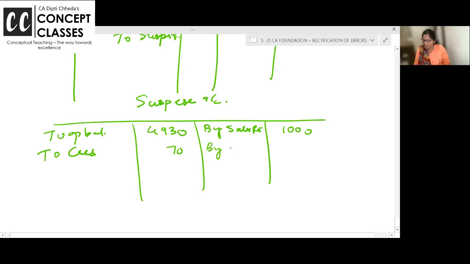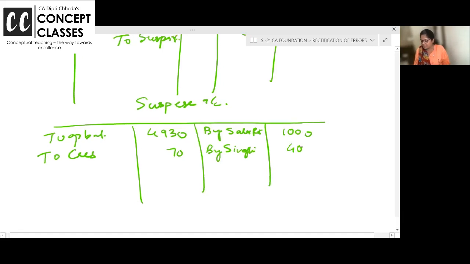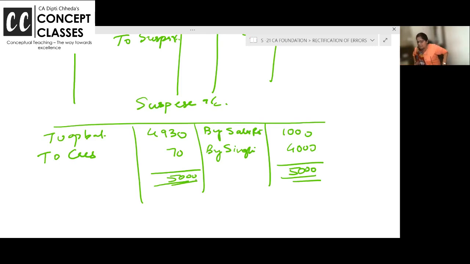Suspense account credit, 4,000, total is 5,000. Nice. When all the totals are rectified, your suspense account is tallied.